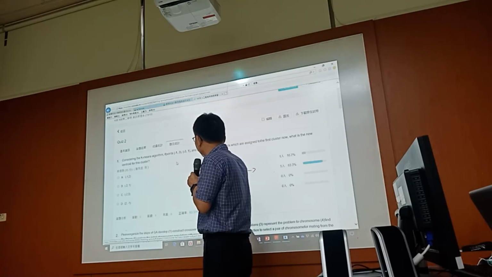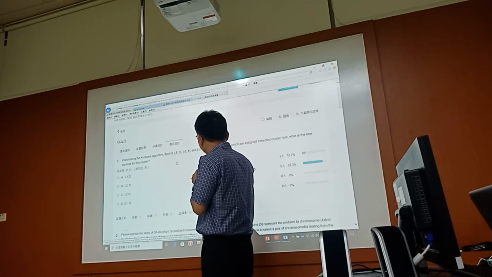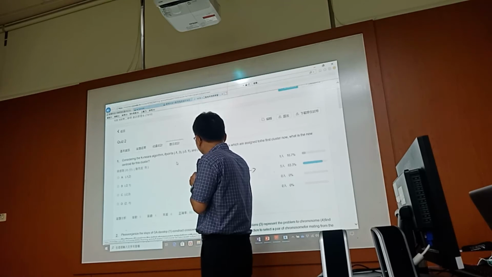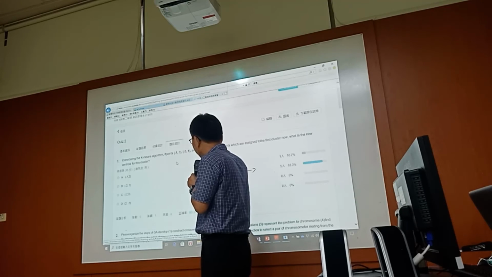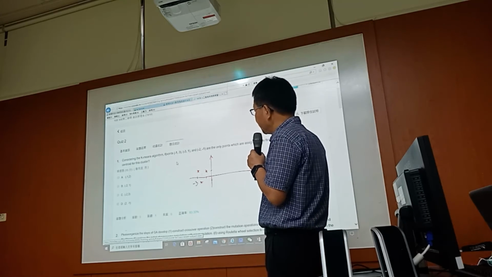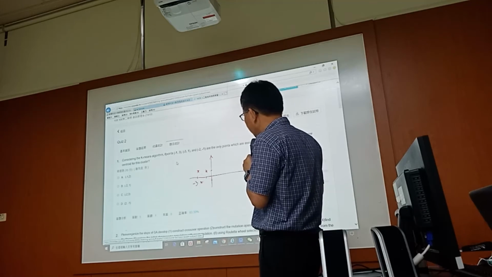Here is a point, and -1. And -1 and 1, -2 and -1. So the node is here. So the weight is nearby here. So which one is the best?